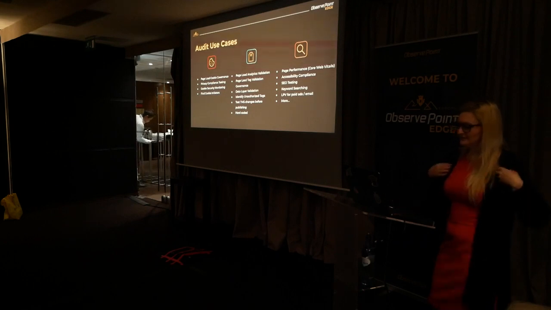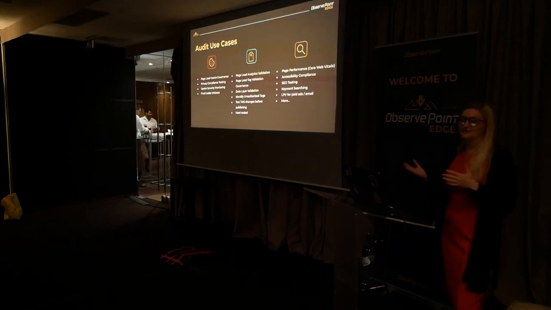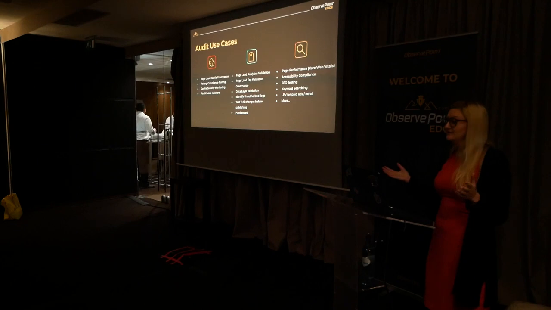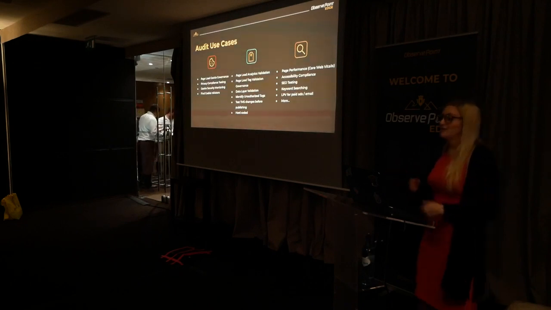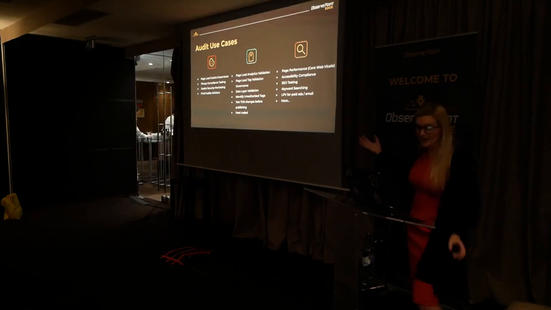Moving on to the right-hand side, we've got page performance, so core web vitals. Better web vitals are going to lead to happier users, better placement in Google search results, and better ad prices. So this is one that's worth keeping an eye on. We've also got accessibility compliance.